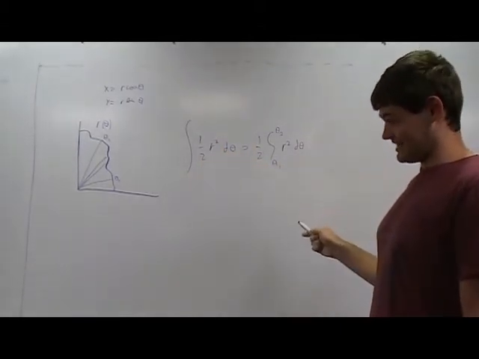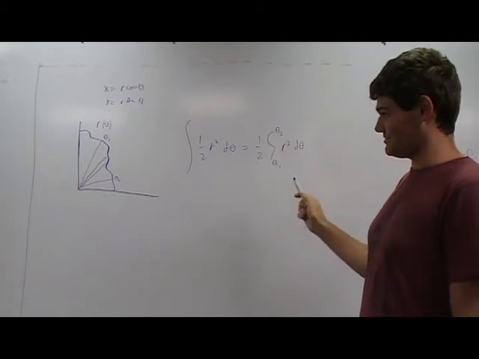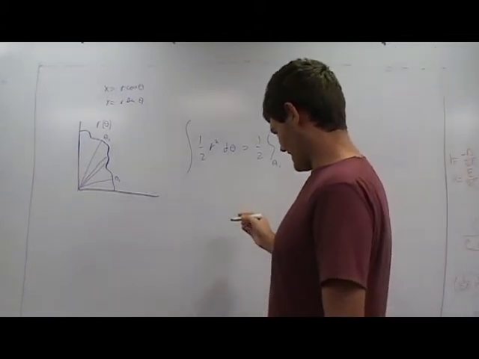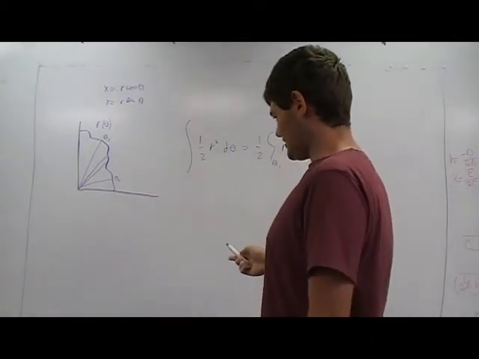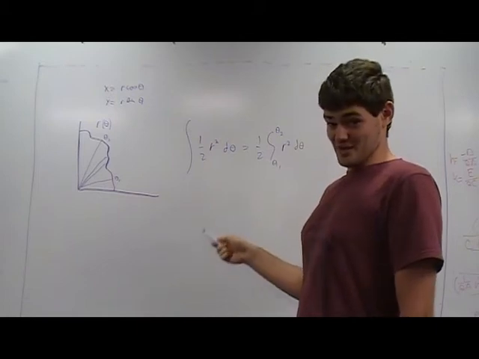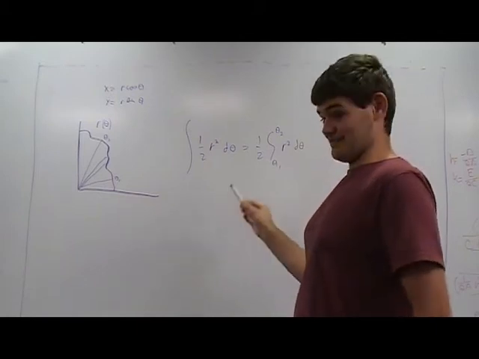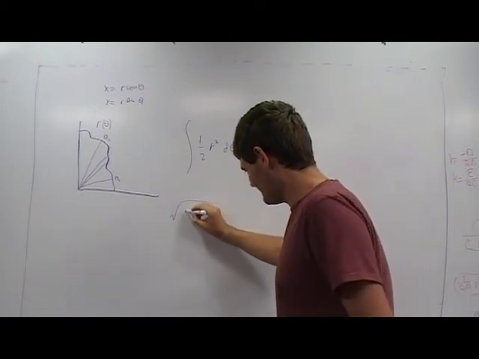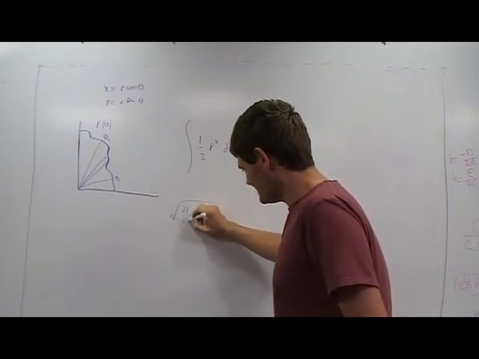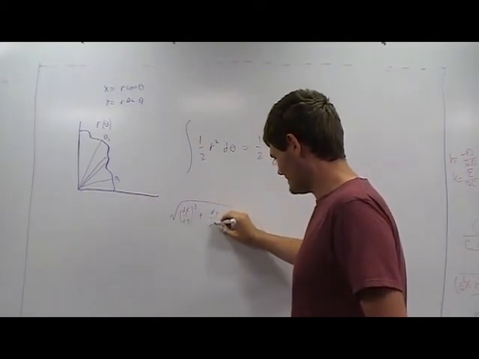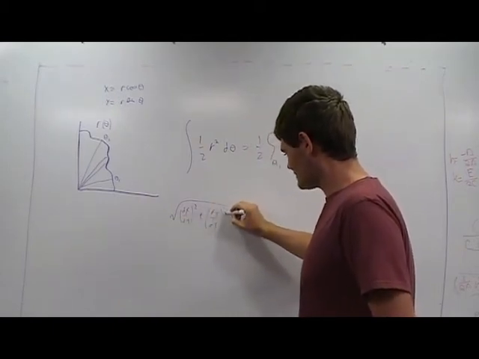The arc length of a polar function is much trickier and it's very messy, but let's look at that. We've got our function here. We're going to start with the arc length that we know, which is actually going to be from parametric form. So we remember that that is the square root of dx dt squared plus dy dt squared.